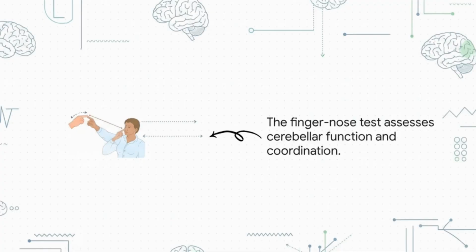Again, not directly related here, but basically it assesses your cerebellar function. You ask your patient to touch his nose, then touch your finger. If he can't do it, there is a cerebellar problem. If the patient is not able to touch your finger at the correct position, then there is a cerebellar problem. So finger nose test, cerebellar function.